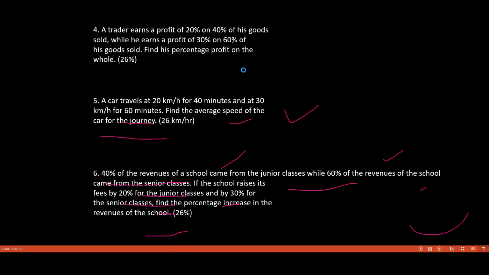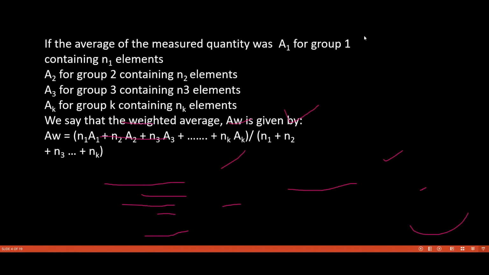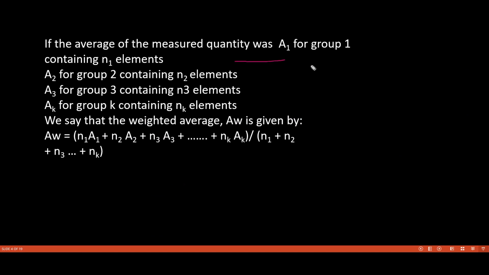So let's see what the concept really is. See, the concept of mixture and alligation is the concept of the weighted average. All right. So what is a weighted average? Let's see. If the average of the measured quantity was A1 for group 1 containing N1 elements.